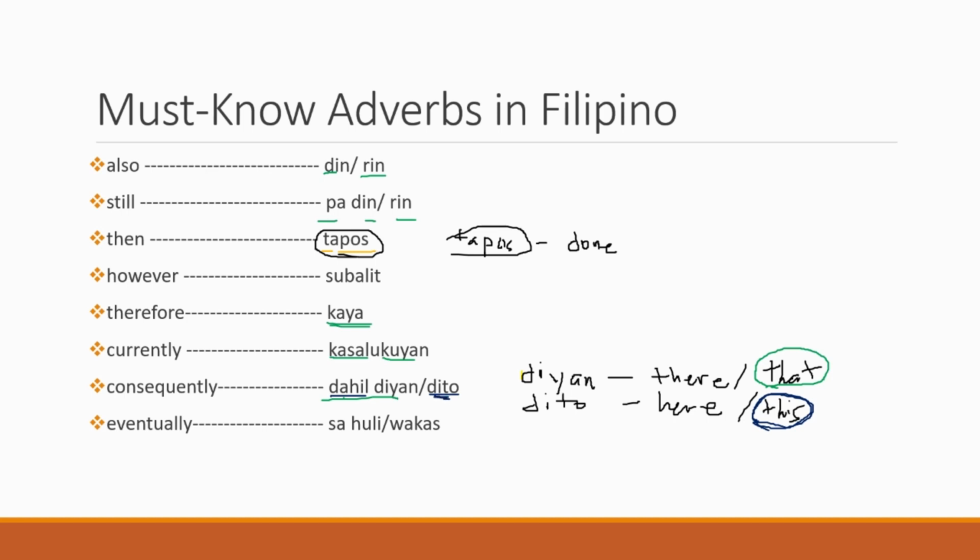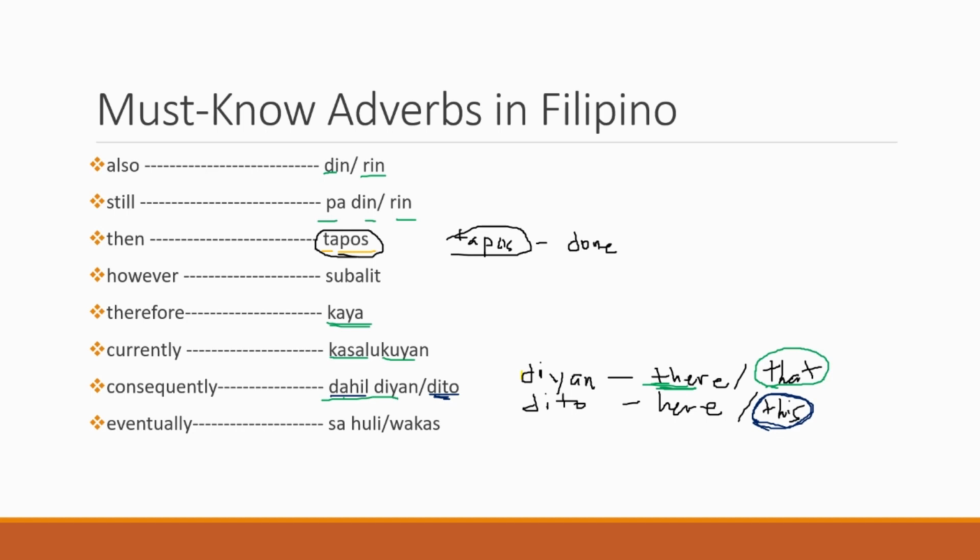This thing that I wrote here, dyan for there, is another meaning of this word. There. Dito, here. Just like in my previous example, when we say, come back here.